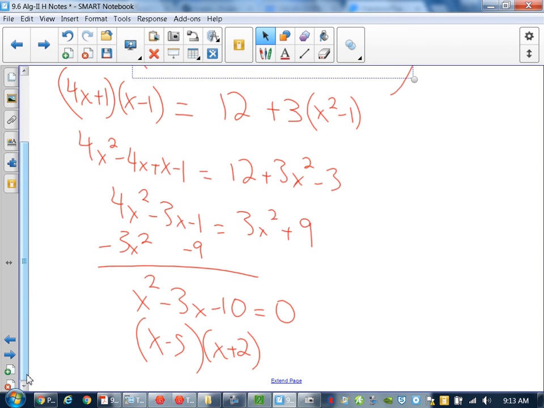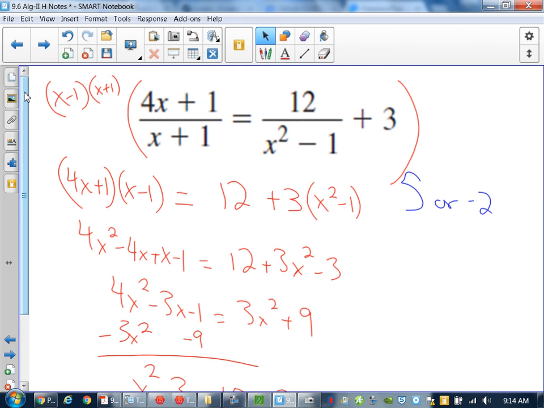So, I have possible zeros therefore at 5, negative 2. Which means we have to check them to see if they work. So what you want to do then is just double check your answers, see if you're going to get answers that work. So let's see, 21 over 6.